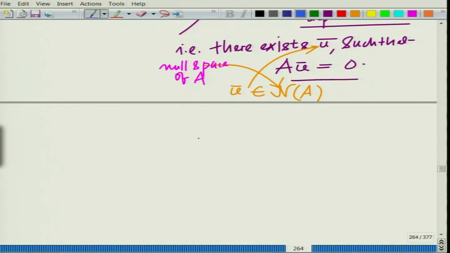So, the bottom line here is that if you look at any solution, let us say you have A x bar equal to y bar, which is a solution. So, let us say x bar satisfies this.